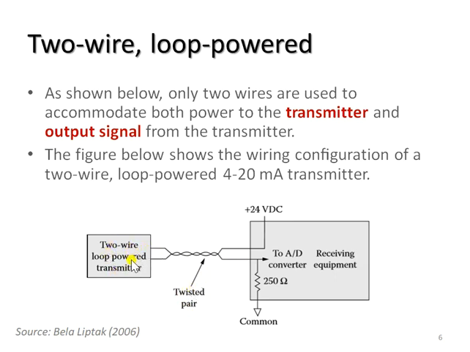After this transmitter receives the power from this receiving equipment, the current will return to the receiving equipment, and the current will go through a 250 ohm resistance so that the receiving equipment can read the signal in voltage form.